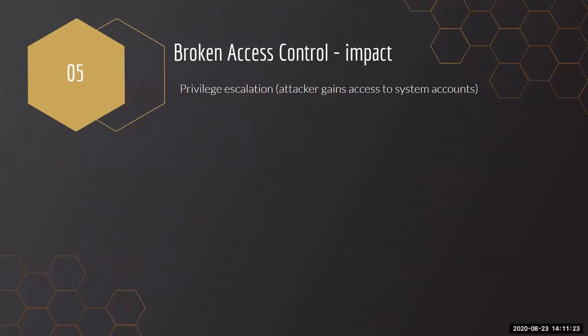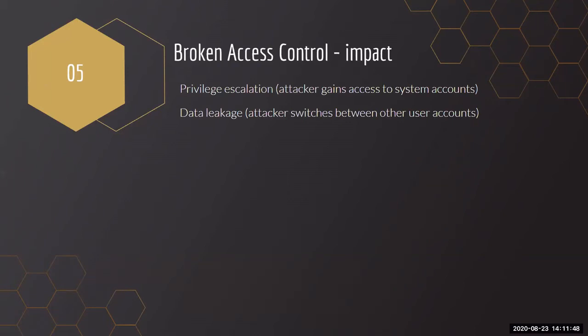So we want to talk about the impact of broken access control now. A lot of these are really going to be similar to number 2. The primary one is privilege escalation. So the attacker gains access to system accounts. Obviously, that's really bad. Then they can pretty much own the server and do anything that they want to. It can also lead to data leakage.